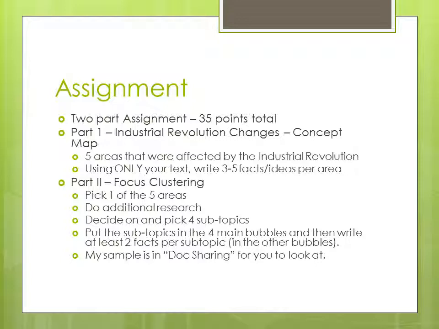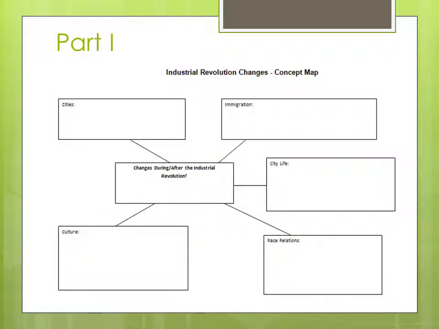I'm going to briefly show you my sample here, but if you want to look at it in more detail, it is already under doc sharing for you. You can go under doc sharing, which is up by your grade book in your Dropbox, click on it, and you can see the sample for Unit 10. Cities, immigration, city life, what was it like to live in the cities, race relations, and culture.